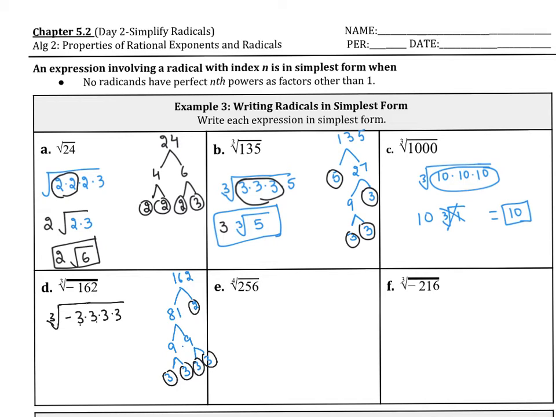So we have 4 3s and 1 2, but we are going to make a group of 3, and we are going to take out the negative and a 3, and inside you're left with 3 cube root of 6. Actually, let's turn that negative into positive.